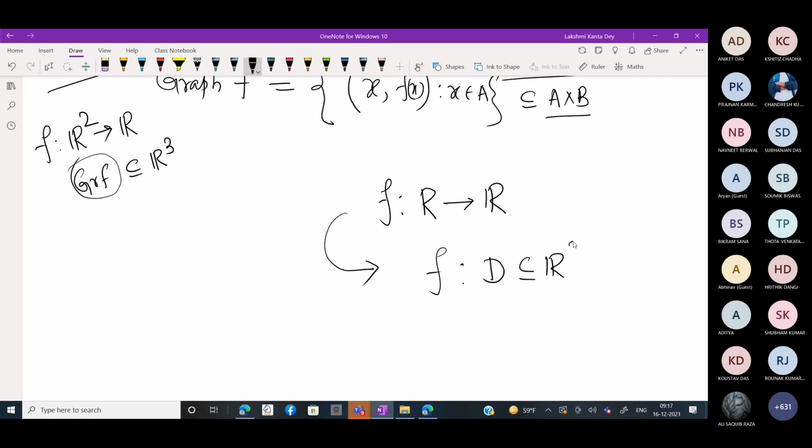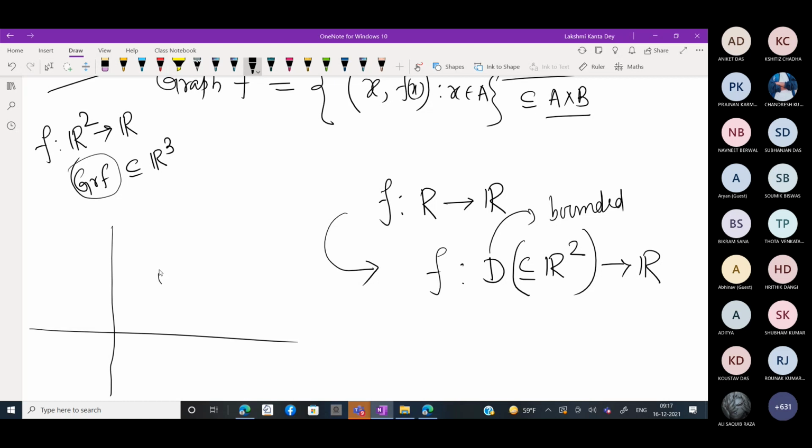This is an arbitrary region, but one condition still is there. What is that? This is a bounded region. So, for example, this is your D, an arbitrary region.